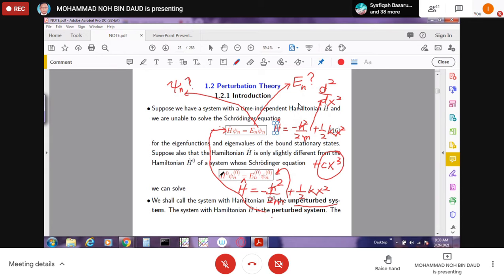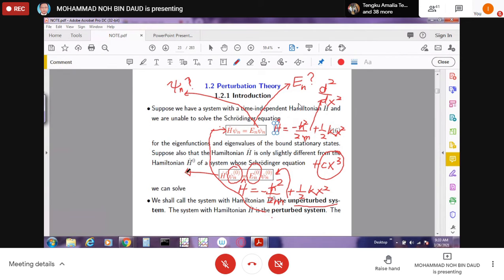In relation to this solvable Schrödinger equation, with these known wave functions and known energy, we can solve this one.